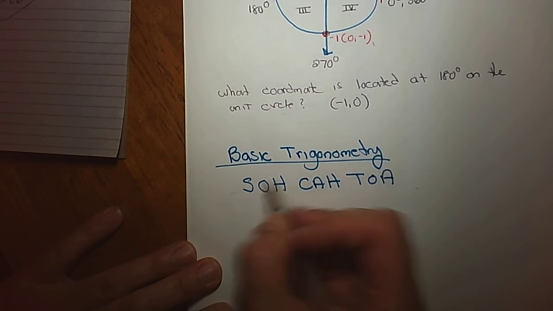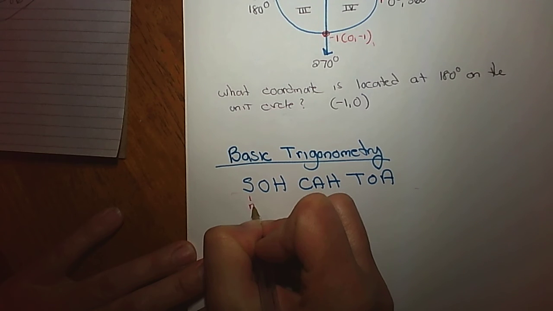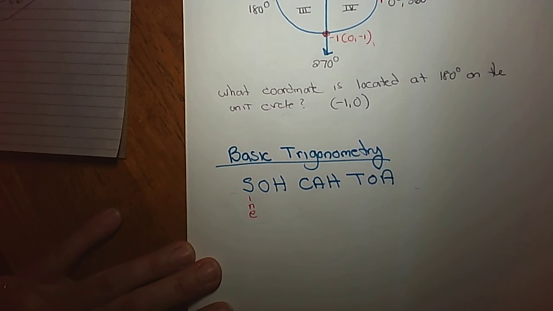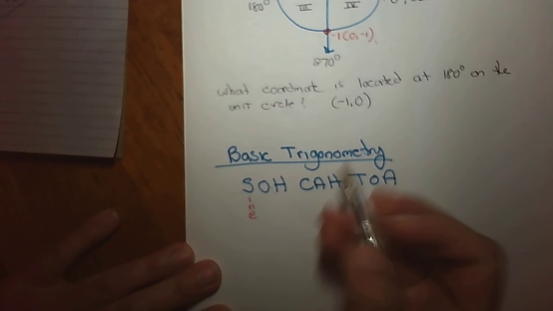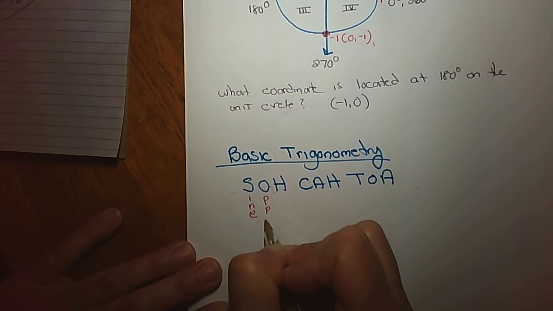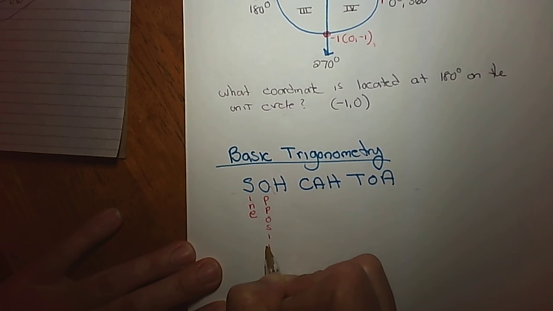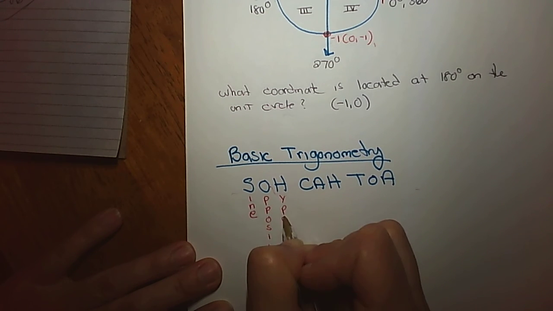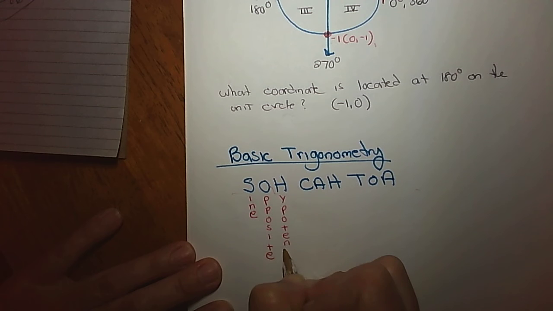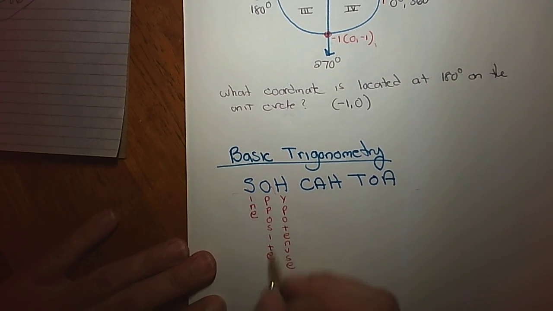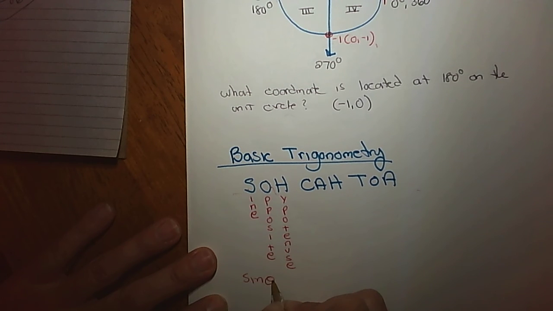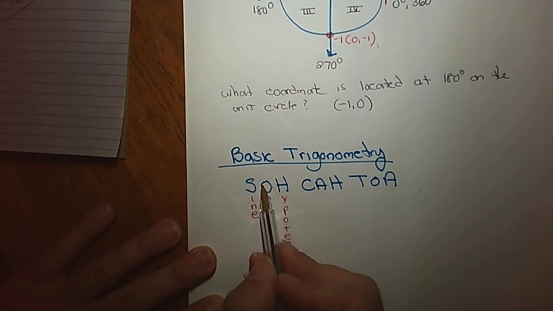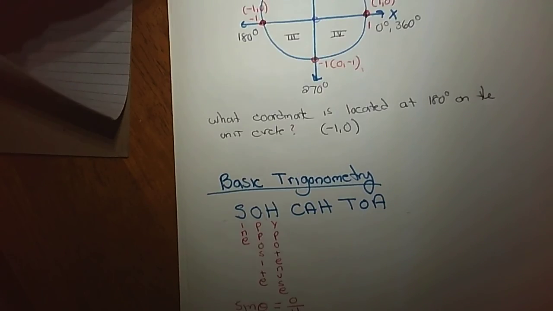So in SOHCAHTOA, S stands for the word sine. O is the word opposite. H is hypotenuse. Right? So sine of an angle is going to equal opposite over hypotenuse. That's what sine stands for.